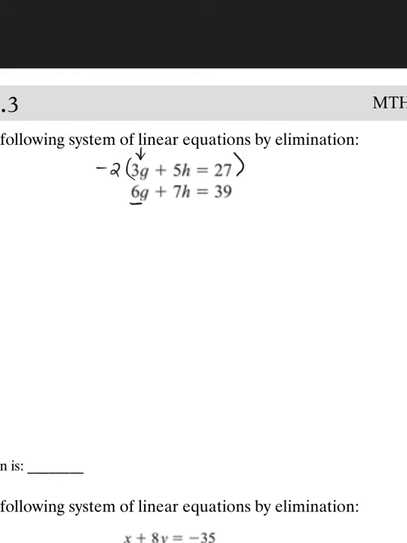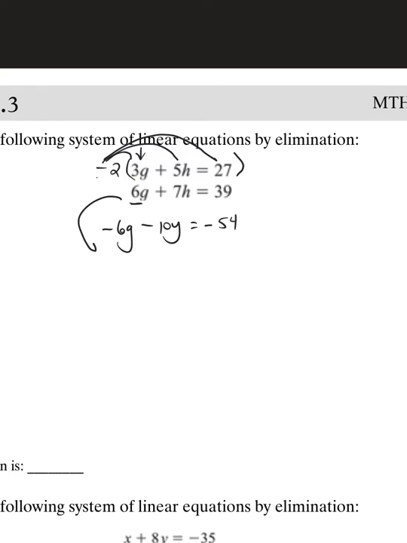Notice that I'm changing not only the numbers but also the signs to get what I want. So negative 2 times 3g is negative 6g. Negative 2 times 5h is negative 10h. Negative 2 times 27 is negative 54.